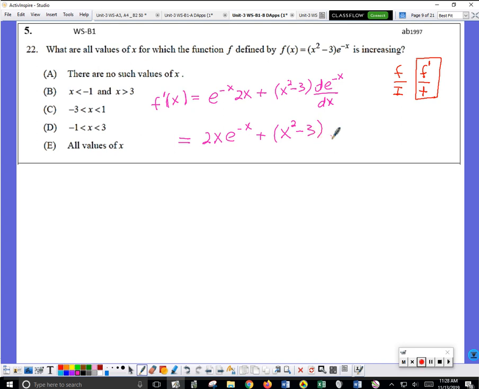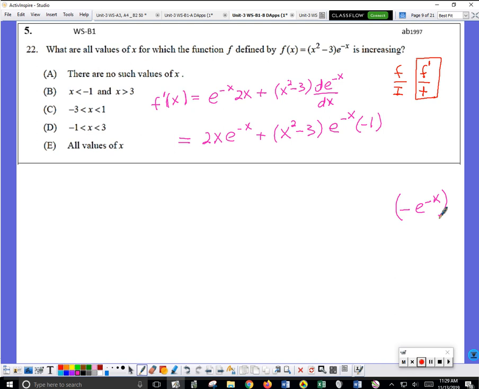This would be the derivative of e to an exponent, which is e to the exponent multiplied by the derivative of the exponent. Wave at me if you need more detail. Just make sure you don't write it like this. You write it like this, so we know it's multiplied.